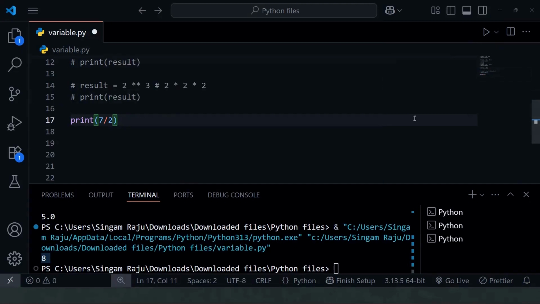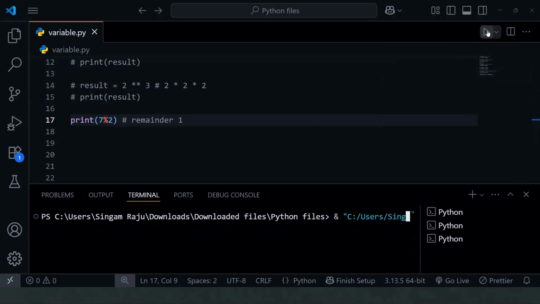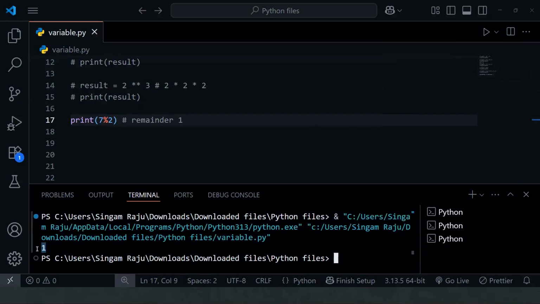Here the remainder can be 1, right? 2, 3 is 6, and remainder 1. But we want that one as output. So you just have to give 7 mod 2, and when you run this, it will give 1.